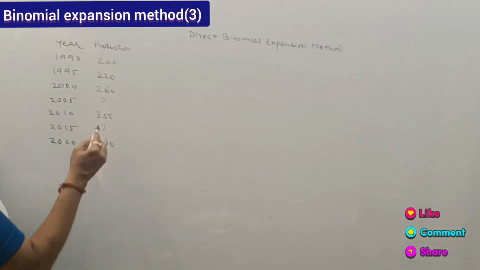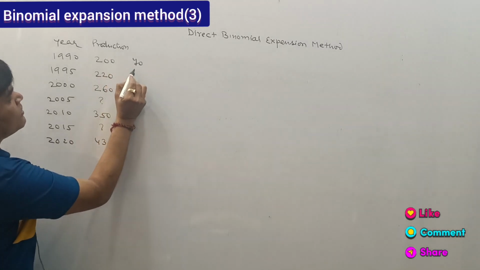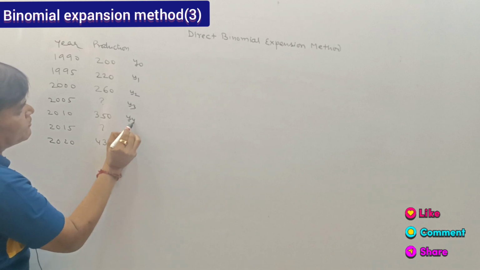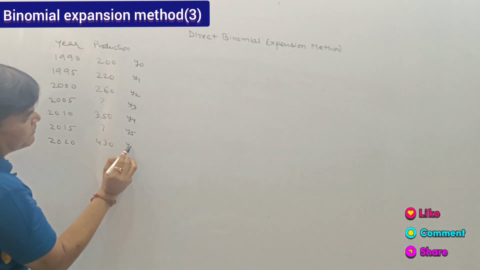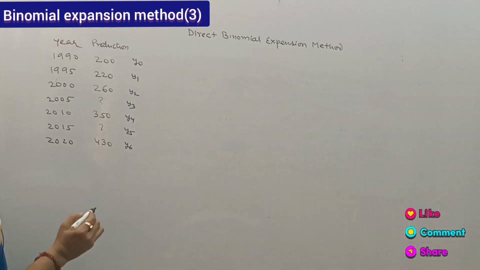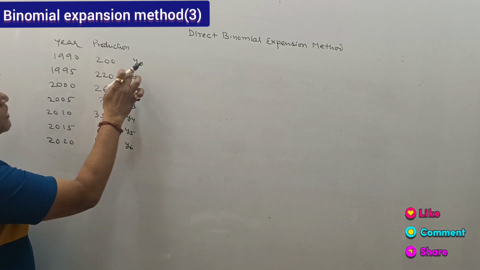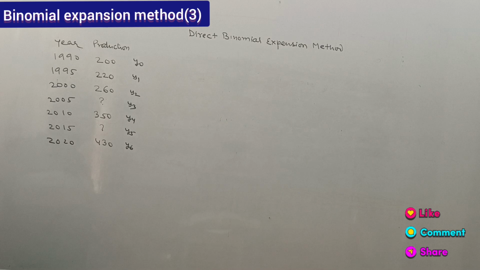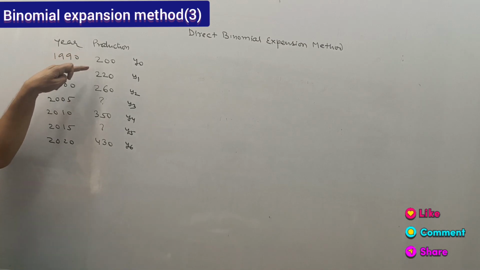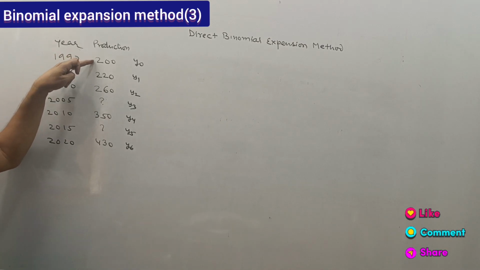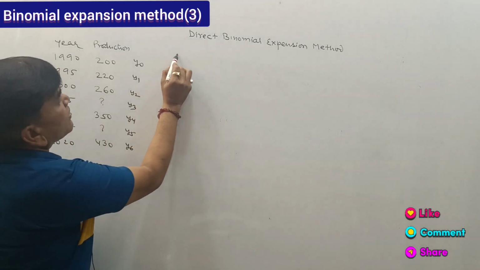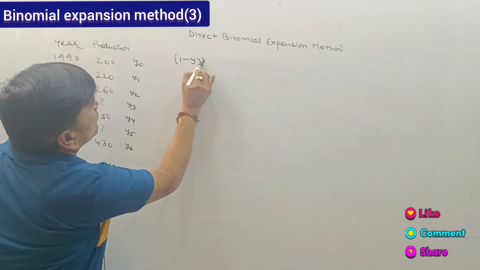So first we are writing y0, y1, y2, y3, y4, y5 and y6. Here y0, y1, y2 values are given, y3 and y5 values are not given. Total missing values are 1, 2, total given values are 1, 2, 3, 4 and 5. So we will use (1 minus y) raised to power 5.